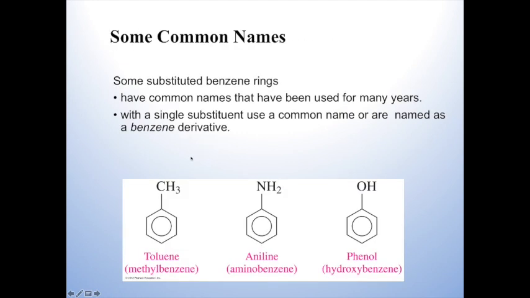There are some common names for singly substituted benzene molecules because they were discovered before we understood molecular structure. And so things like methylbenzene is also referred to as toluene, which you may have heard of. Aminobenzene is also known as aniline, and phenol is benzene with an OH or alcohol group.